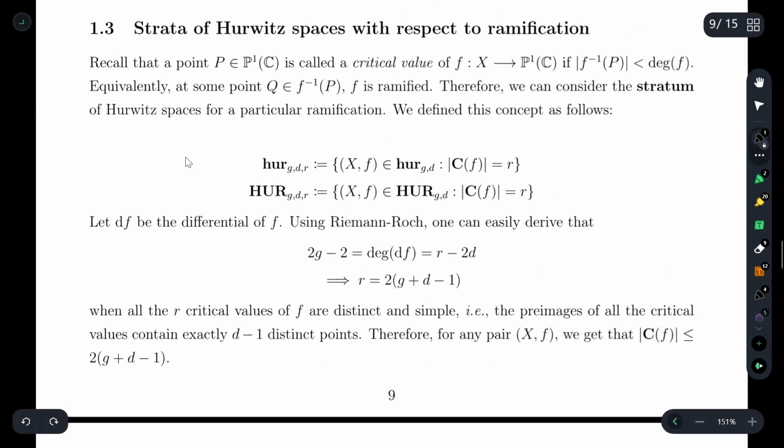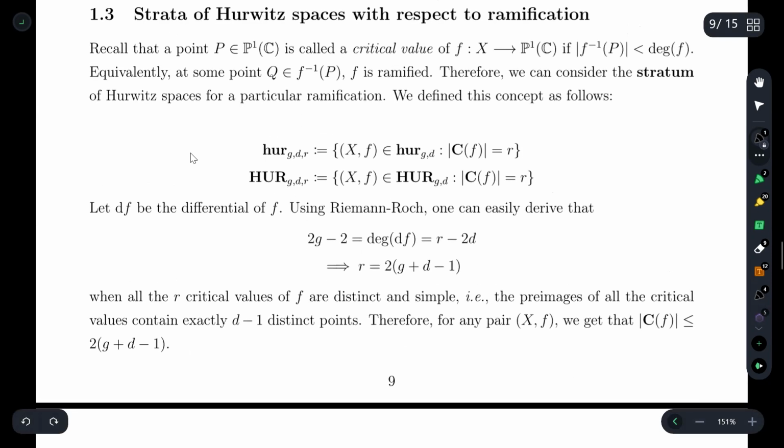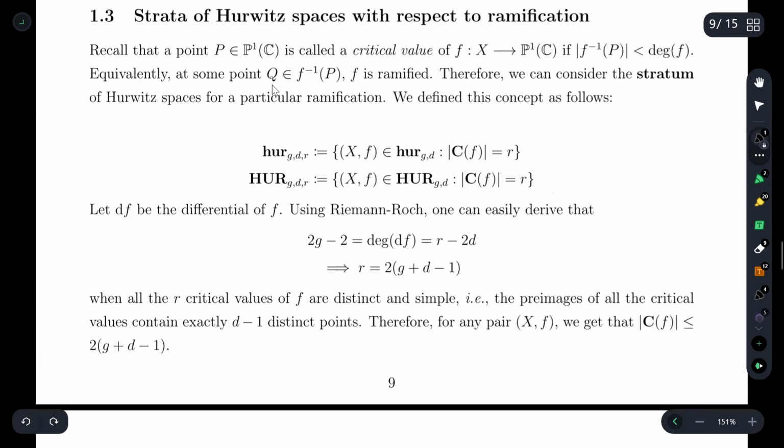I'm just recalling things. This is equivalent to saying that there is at least one point in the preimage such that f is ramified at that point.